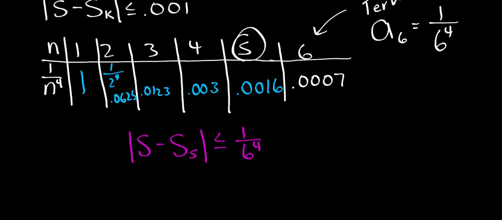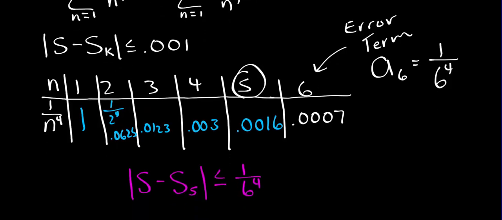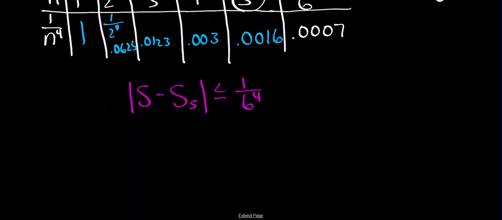Now, we could have done this a little more algebraically. Here I've just done it by trial and error, but we'll just go with it that way right now. Now what does this mean? This means that if I drop the absolute value, I've got this.